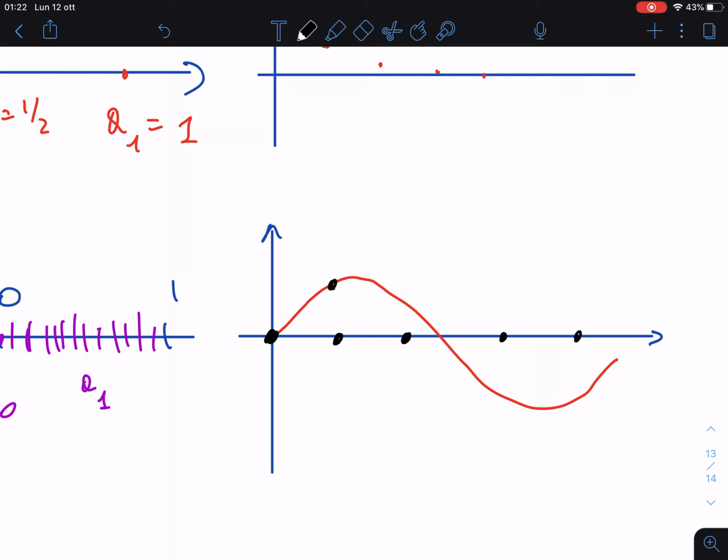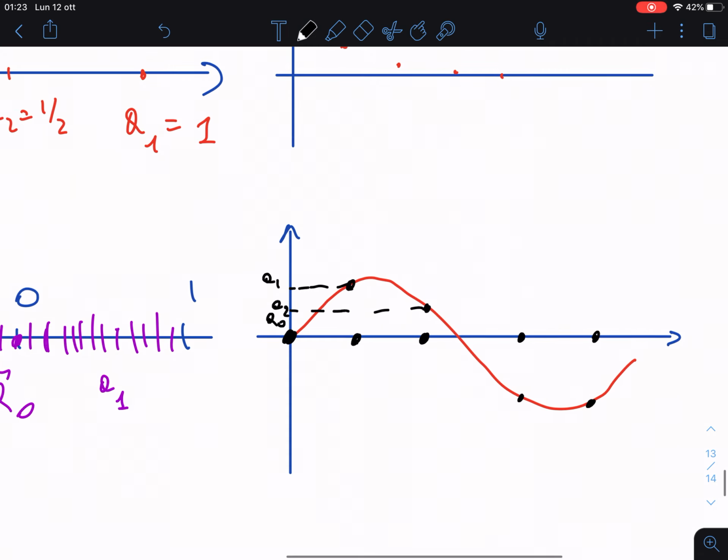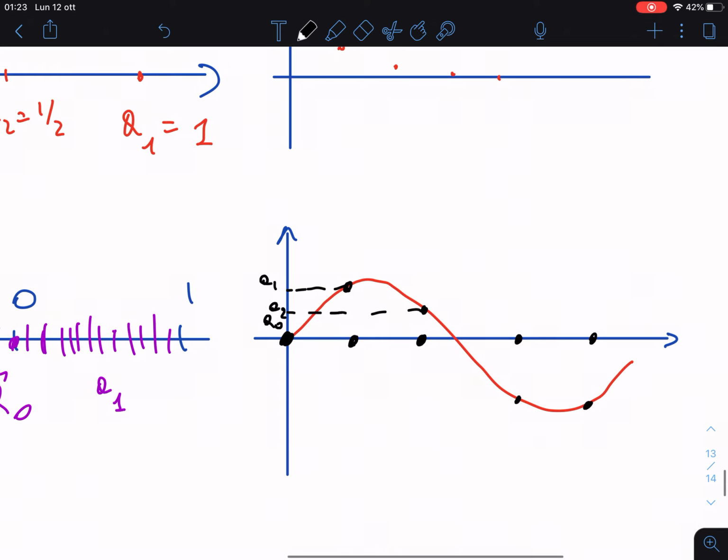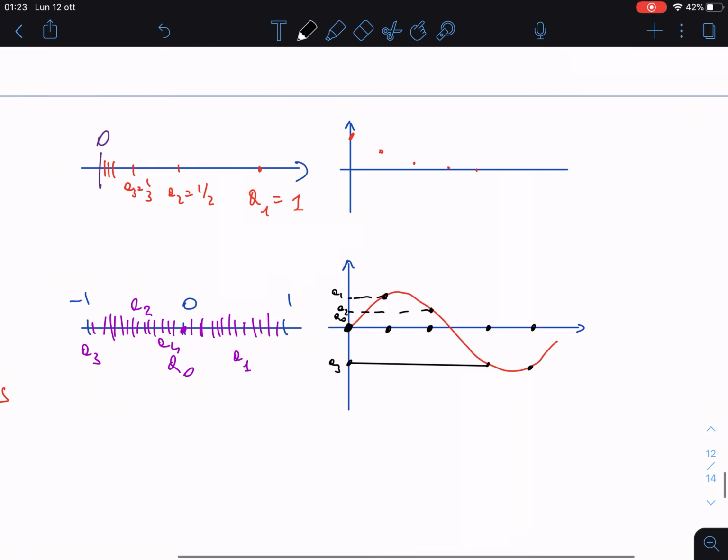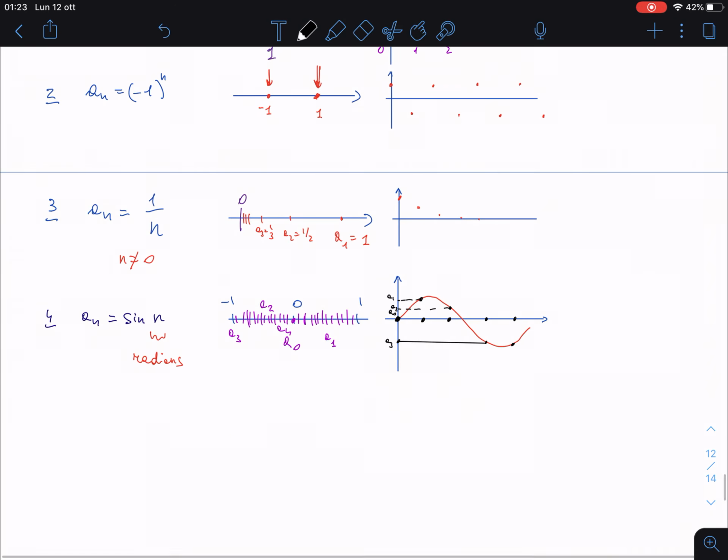So the points that you isolate on the curve are those. So a_0, a_1 is here, a_2 is here, and so on and so on. a_3 is here. Okay? This is how the sequence can be seen in the other representation.